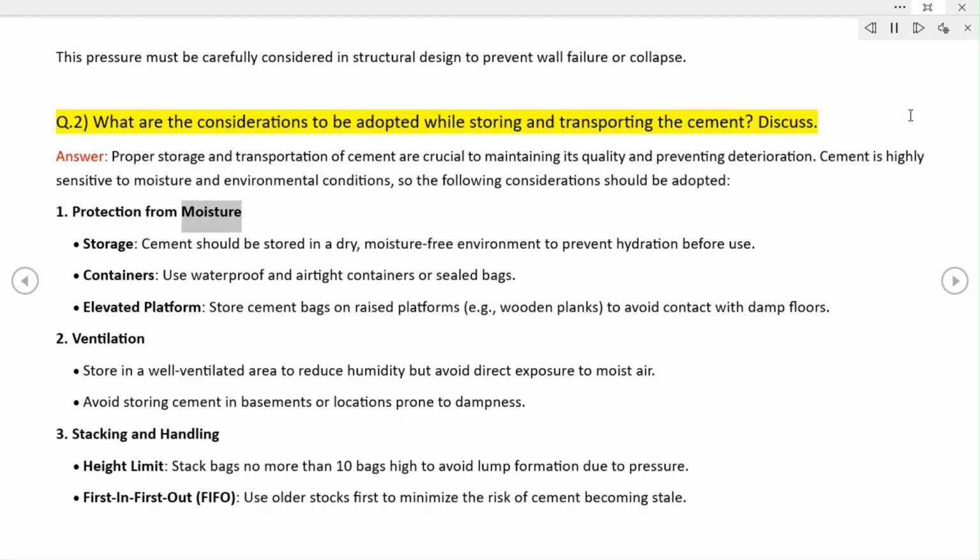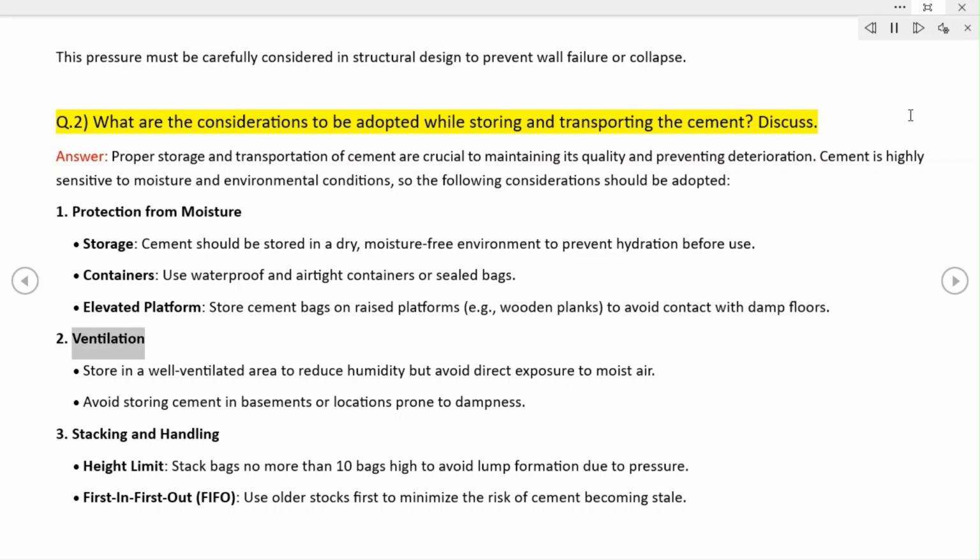Protection from moisture. Storage: cement should be stored in a dry, moisture-free environment to prevent hydration before use. Containers: use waterproof and airtight containers or sealed bags. Elevated platform: store cement bags on raised platforms, example wooden planks, to avoid contact with damp floors.